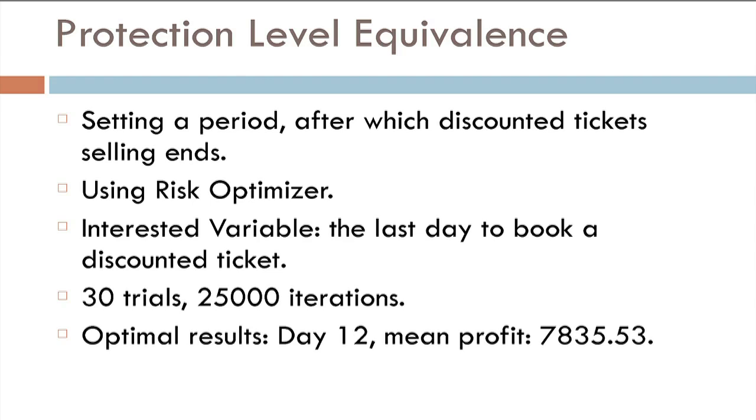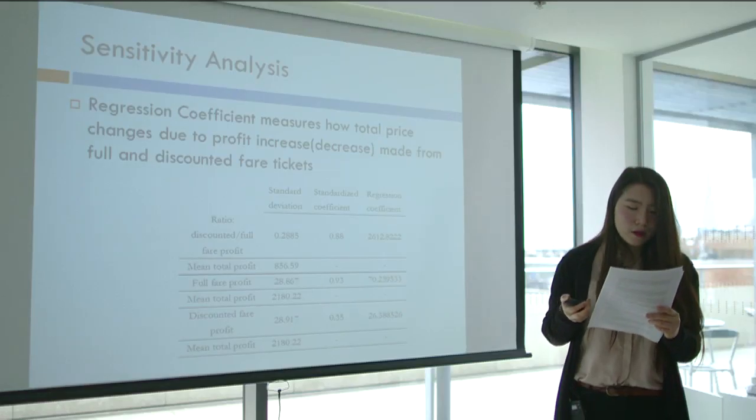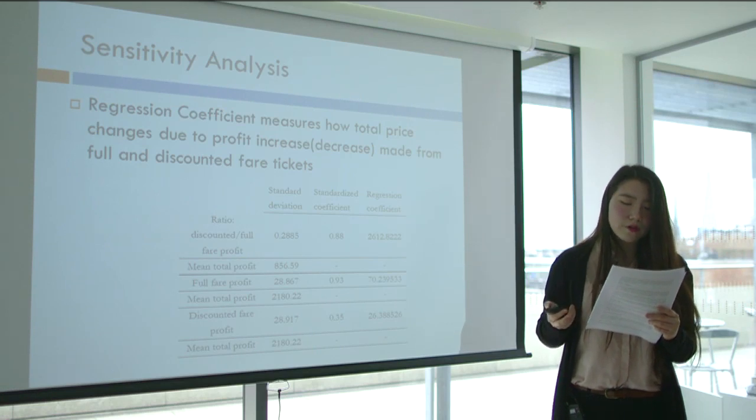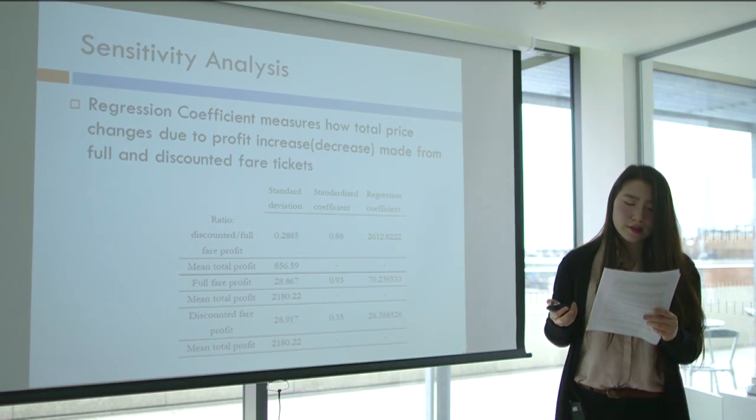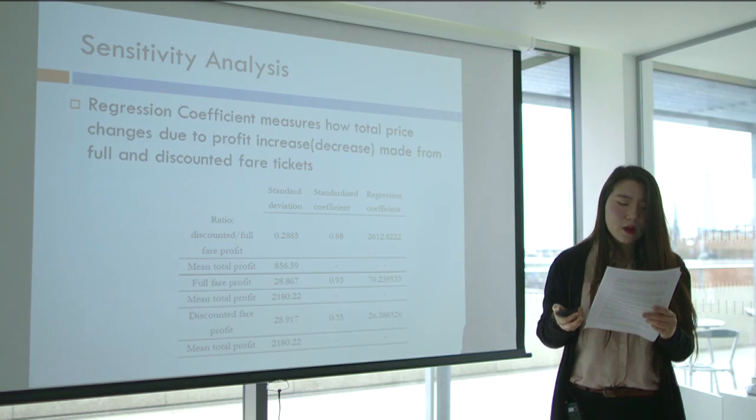Though the results may appear to be accurate and consistent, they are extremely sensitive to the profit made out of the tickets. In other words, if the profit made out of the single fare tickets is proportionally different from one case to another, the optimal number of protected seats for the full fare tickets will change from one scenario to the other.